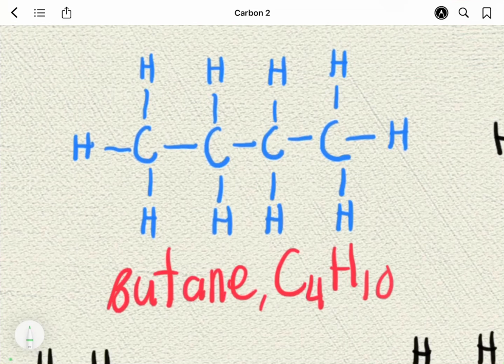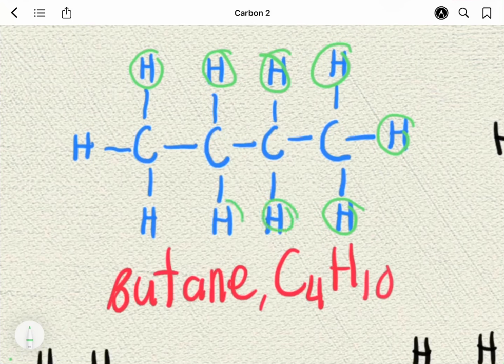So now let's count how many hydrogen are in the structural formula. 1, 2, 3, 4, 5, 6, 7, 8, 9, 10, which matches the molecular formula of butane, C4H10.